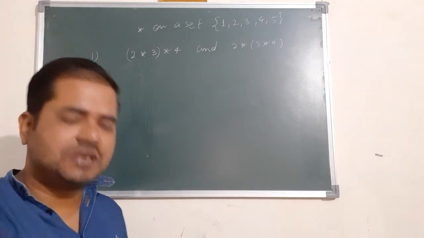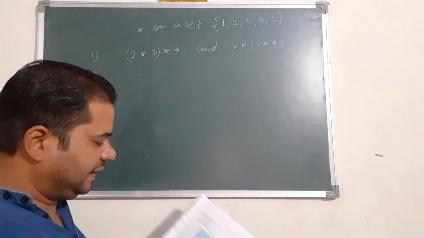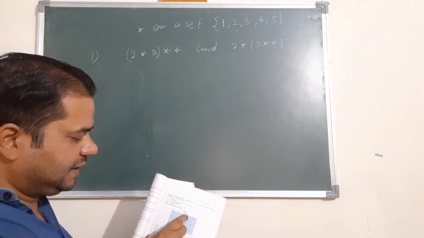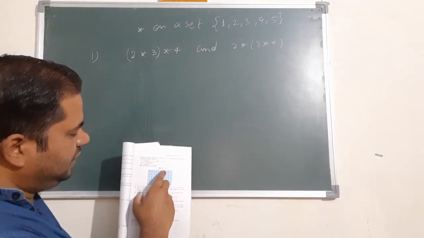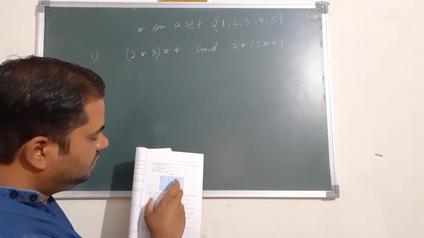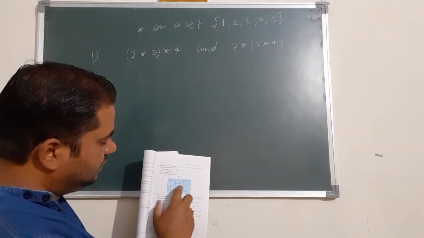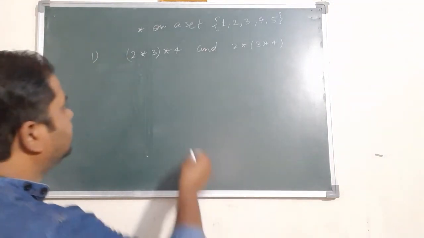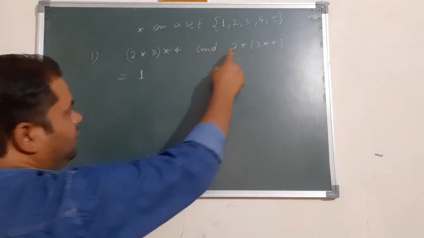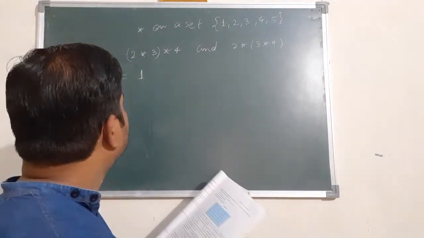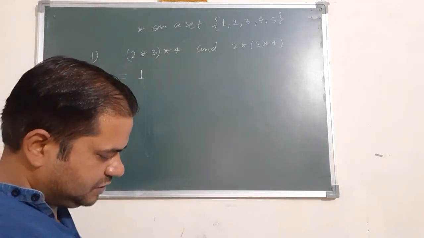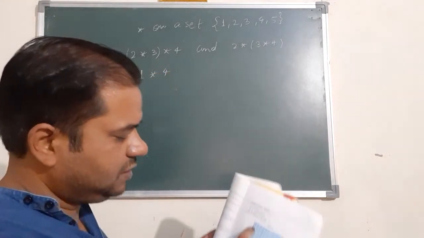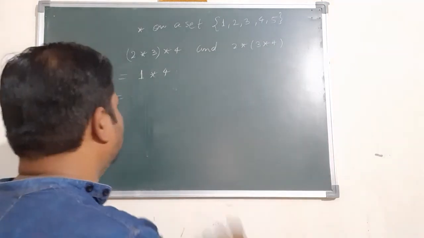So in this table, if you see 2 star 3, you find 2 and star and 3. Go down the column of 3 and along the row of 2, you see there is 1. This is 1. Now if you find (2 star 3) star 4, 2 star 3 is 1, and then 1 star 4 is 1 only.